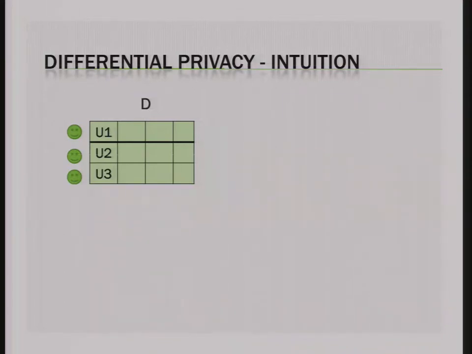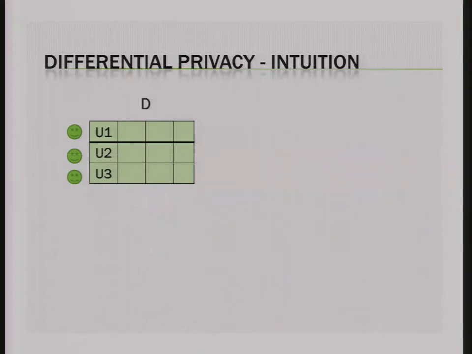For instance, this database could contain the salary information of users in a city, and you would want to release to the public the mean salary of the city. What you want to achieve is that just by knowing what you release to the public, nobody should be able to figure out what is in this database.